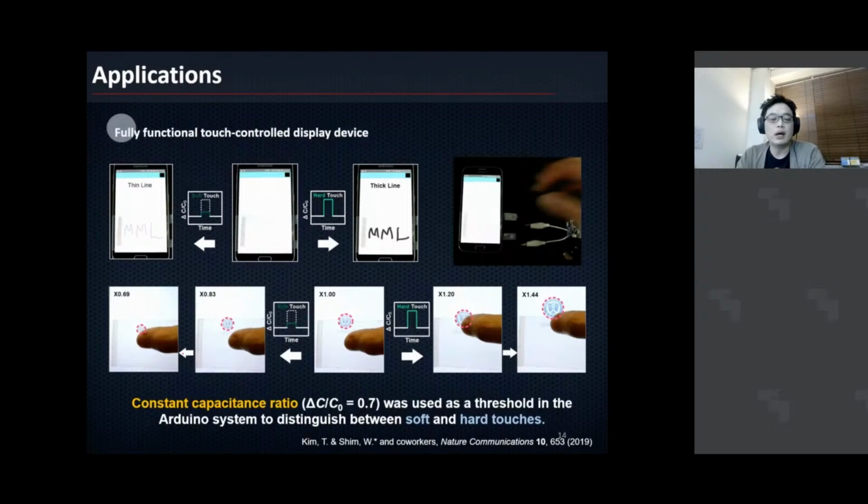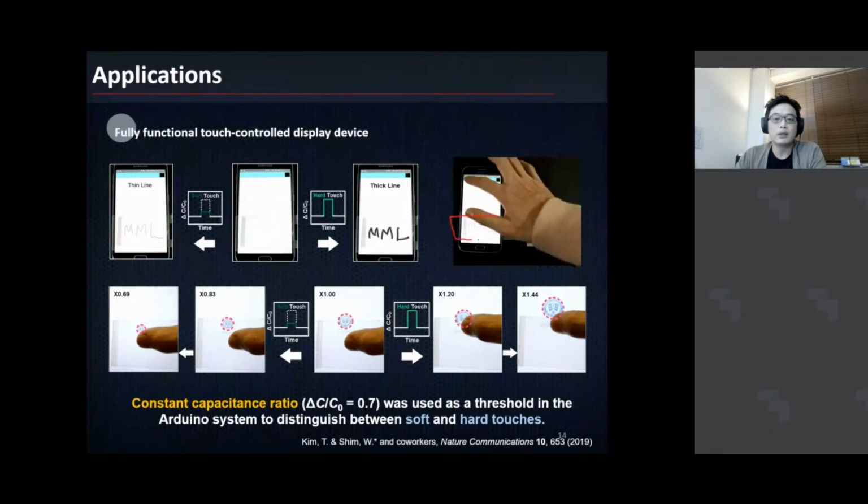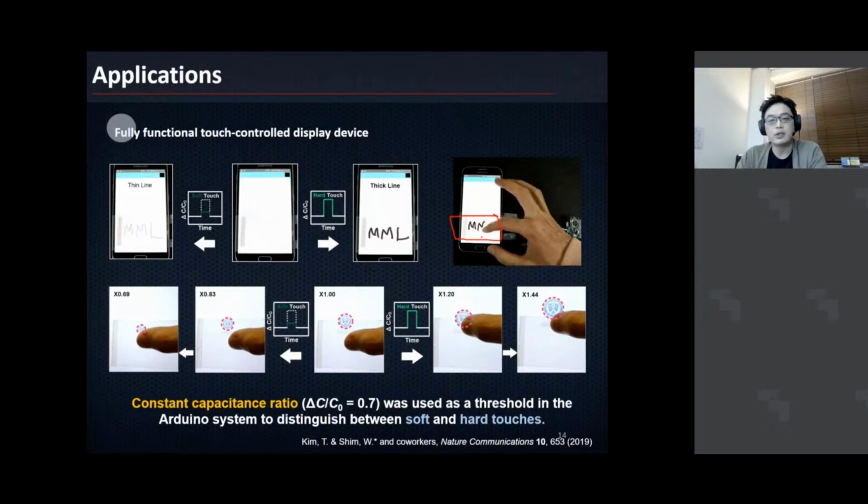Once you make this electrode, you can do many things. Let's say here's a pressure sensor, a capacitive sensor. Not only do you have XY registration, but also Z direction registration, so you can do a 3D touch. With a soft touch, you can write very simple, thin letters, and with a hard touch you can write thick letters.